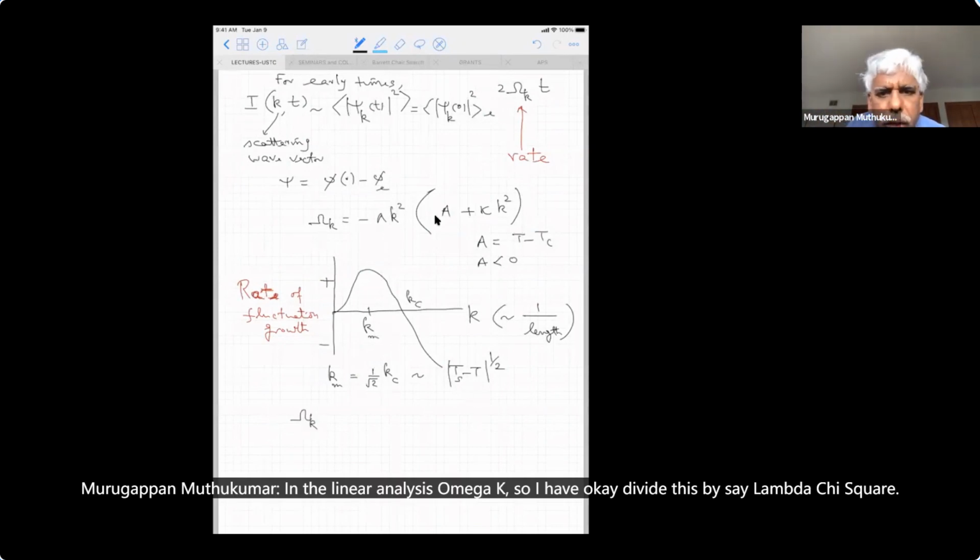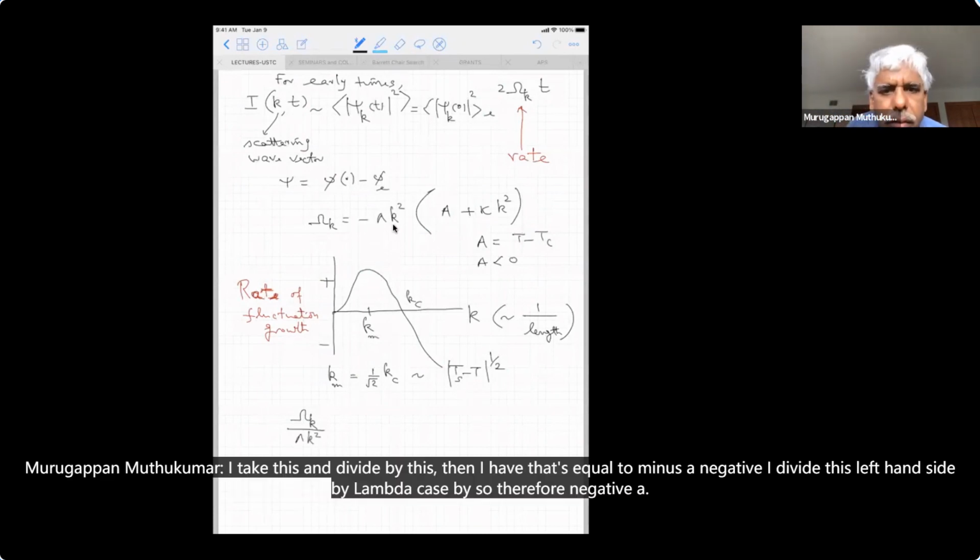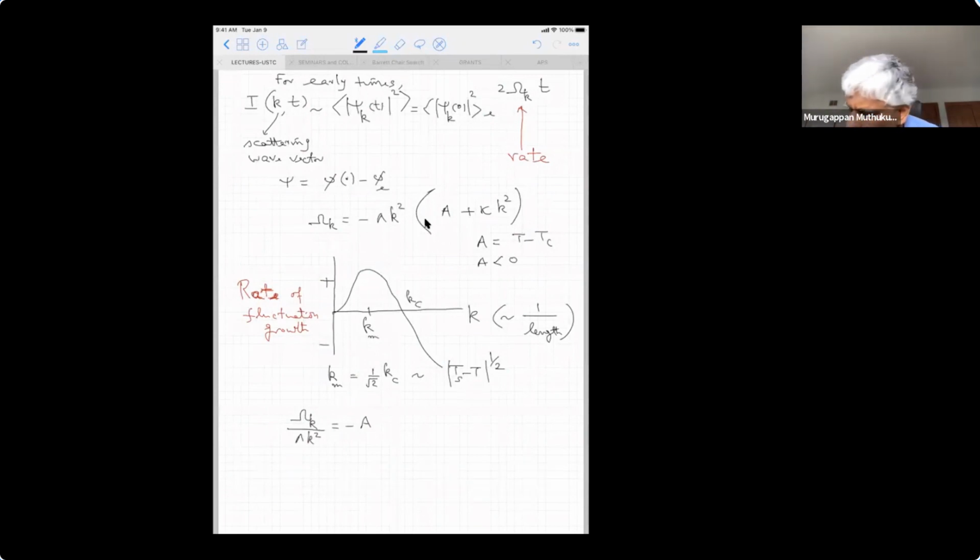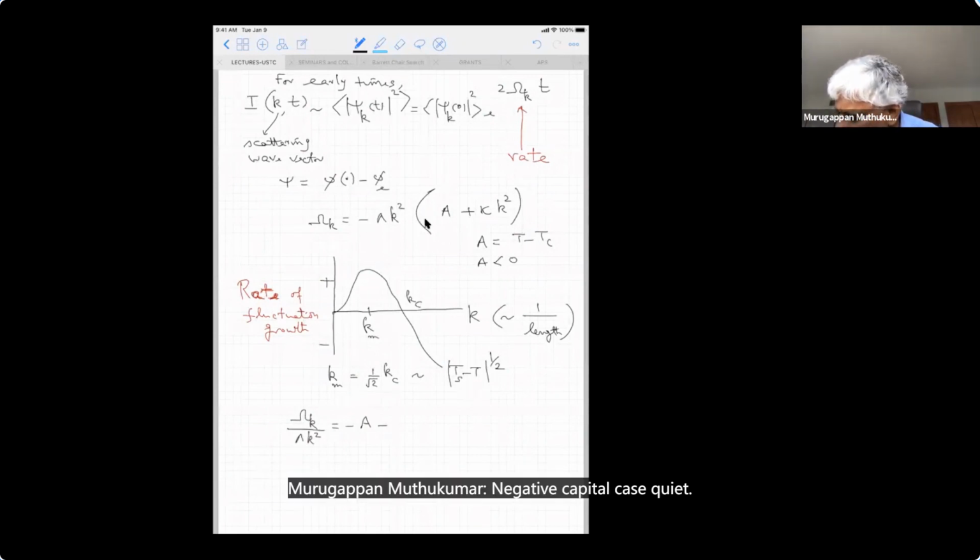I divide this by lambda K squared. Then that is equal to minus A, negative. I divide the left-hand side by lambda K squared. Therefore, negative A, negative kappa K squared.